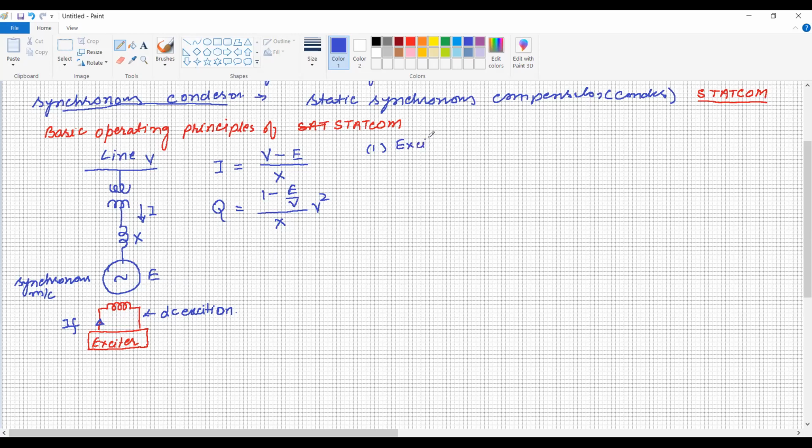Excitation below normal value means that the back EMF is smaller than the supply voltage.